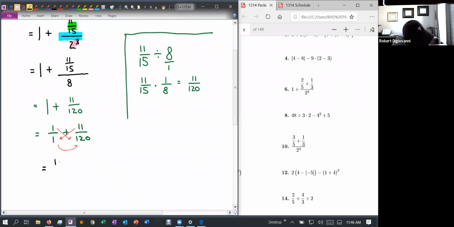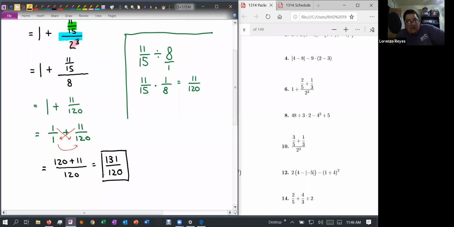So we should get 120 plus 11 over 120. So 131 over 120. Okay, so that's the answer. That's it.